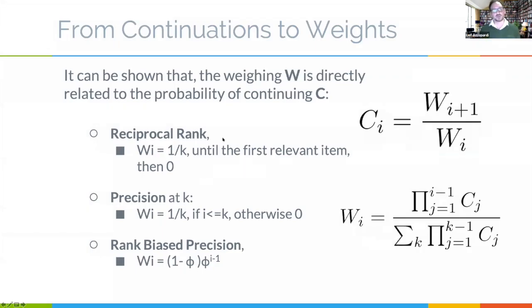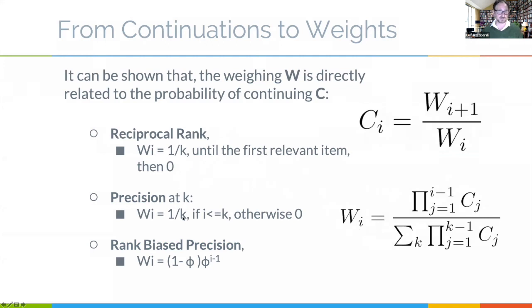What's nice about the C/WL/IR framework is that they have worked out that the continuation probability is actually proportional to the weight. And similarly, if you have the continuation probabilities, you can work out the weight associated with each item. So for reciprocal rank, to give you an example, the weight is 1 over K up until the first item.